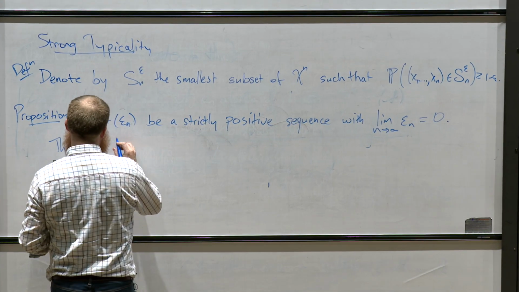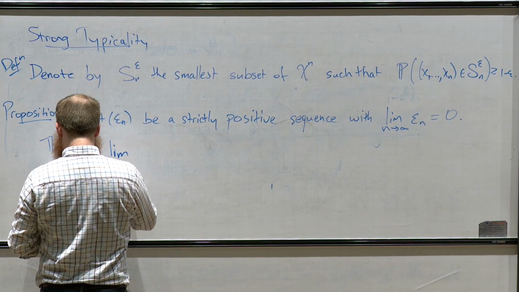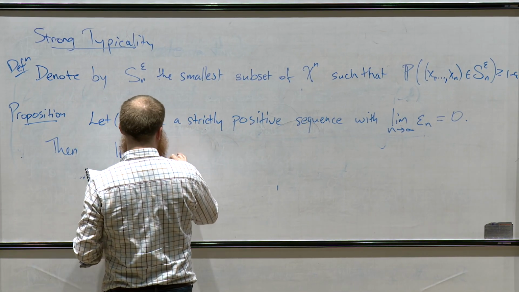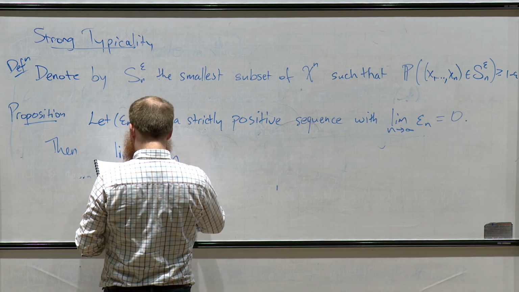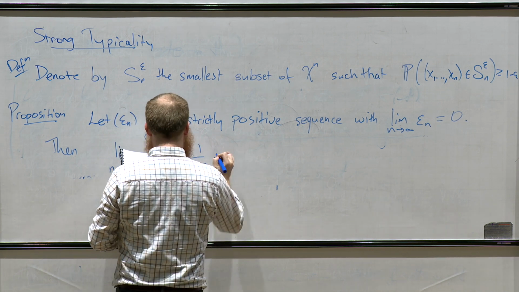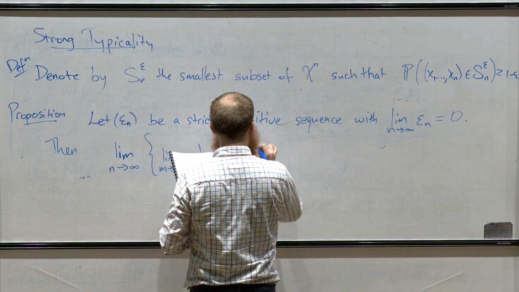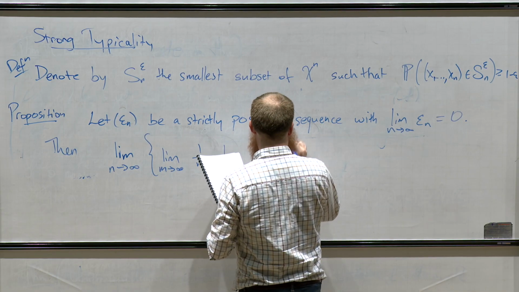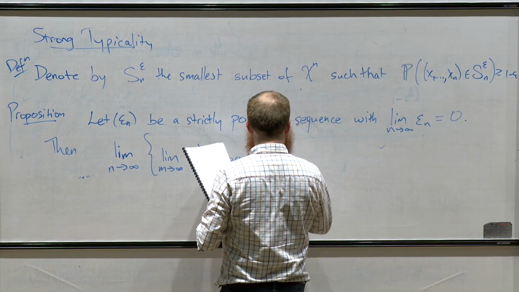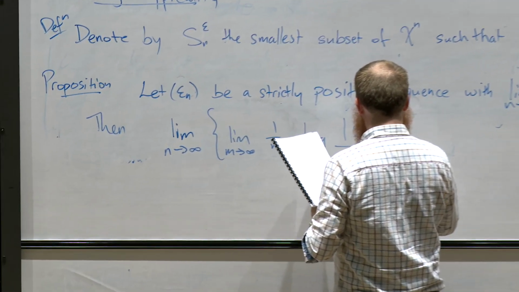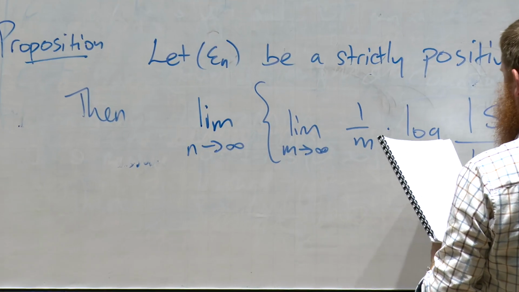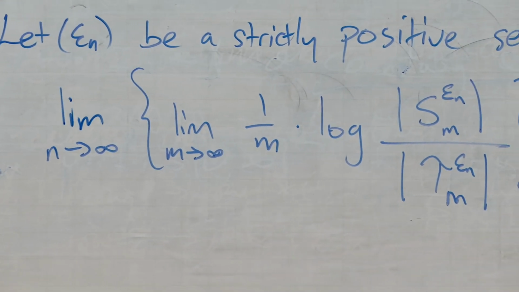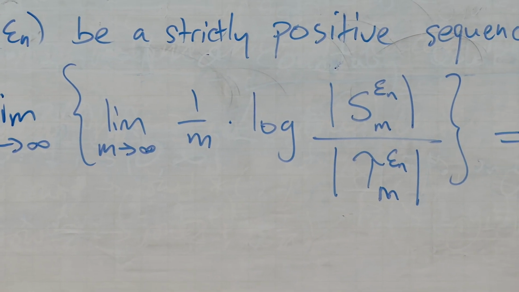What we can say is that the limit as n goes to infinity of the limit as m goes to infinity of 1 over m times the log of the size of S_{ε_n}^m over the size of the typical set A_{ε_n}^m is equal to 0. So what does this mean?